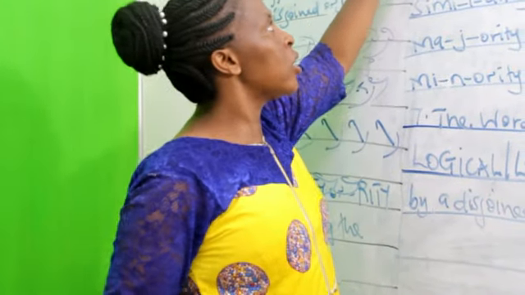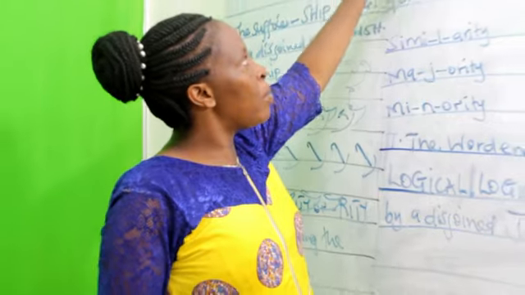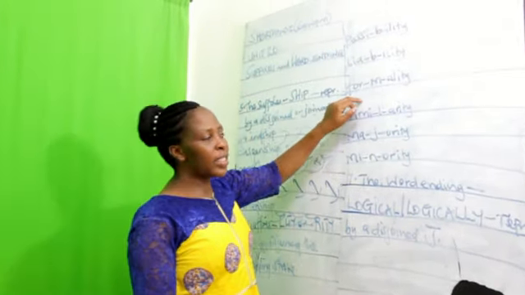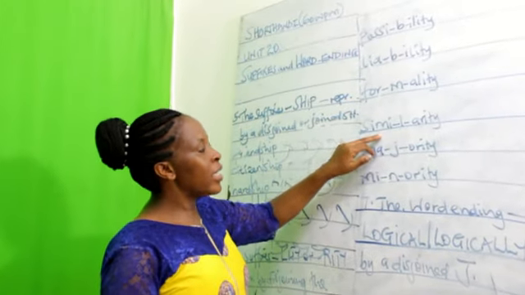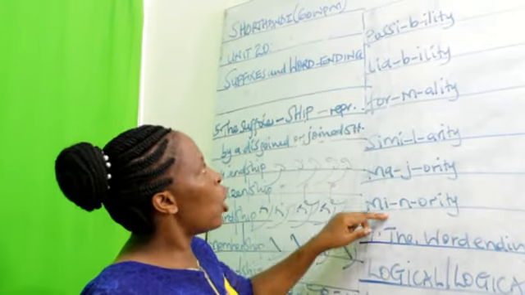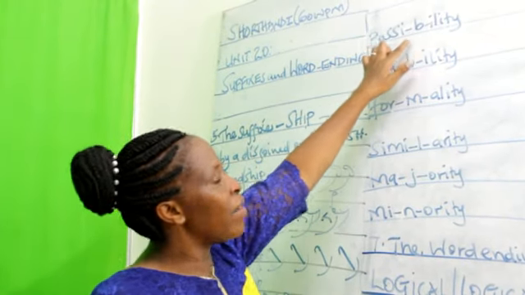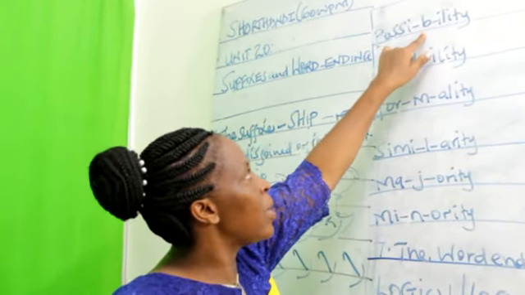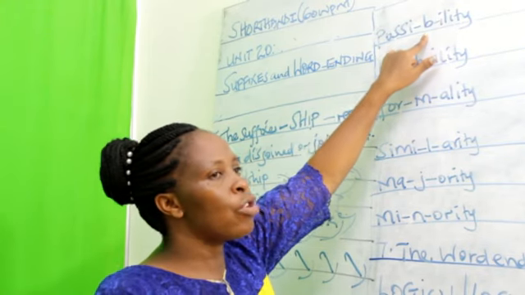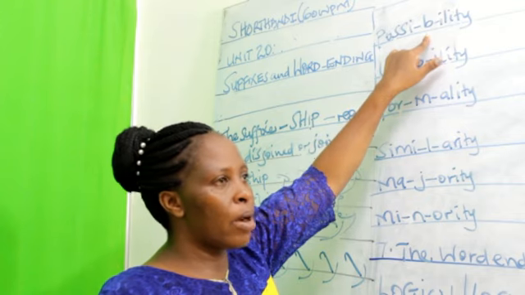Like it is in these words here, we have the word possibility, liability, formality, similarity, majority, minority. So when you look at these words, we have a preceding stroke at the middle of the word, and that is the stroke that we are going to represent as such a suffix.